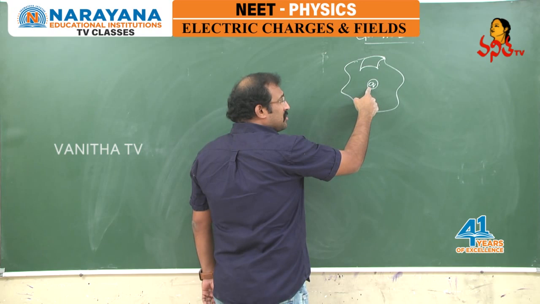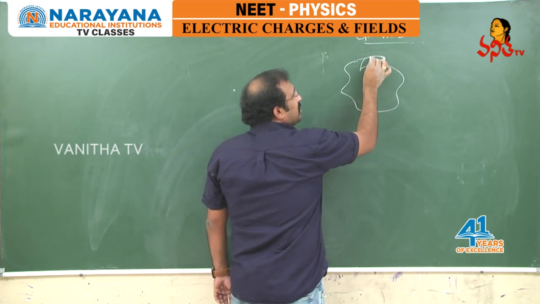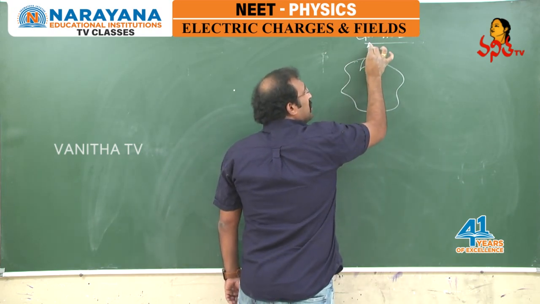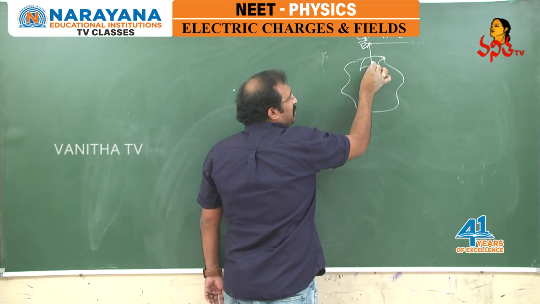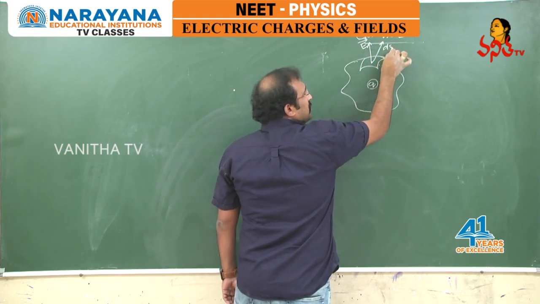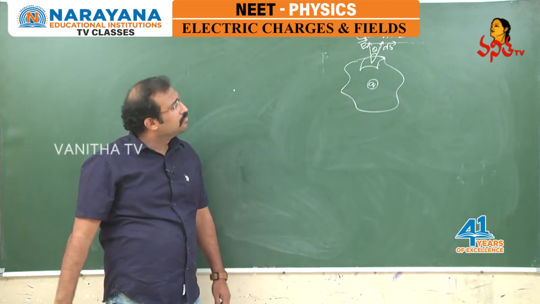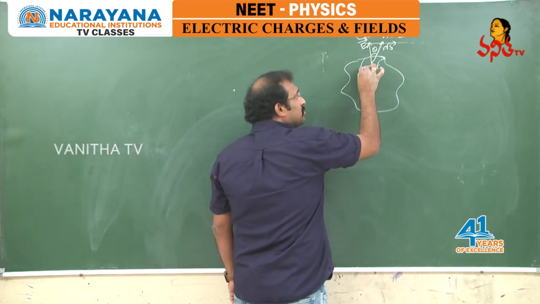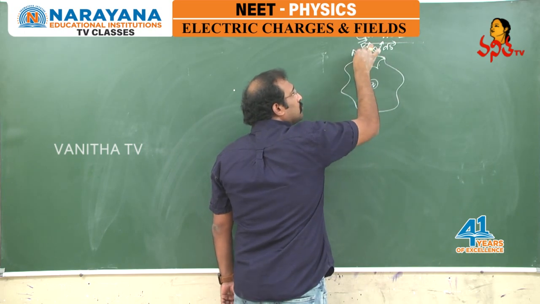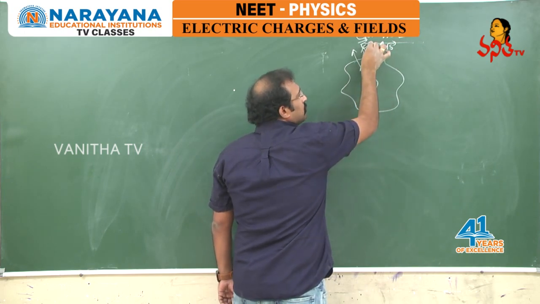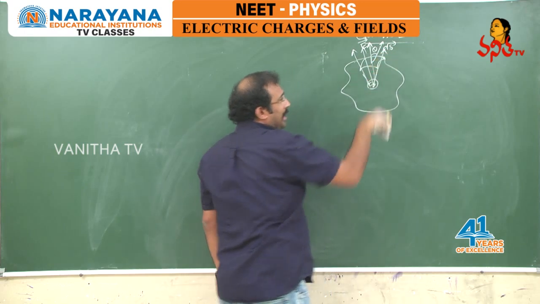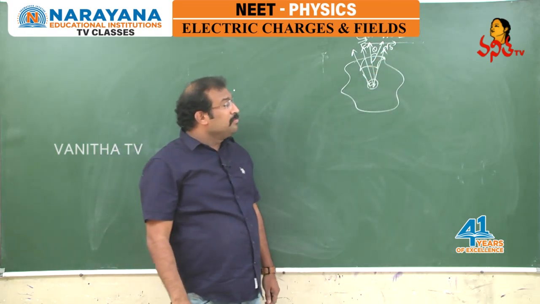This charge produces an electric field. Let the direction of the electric field be in this direction and the areal vector in this direction. The angle between them is theta.